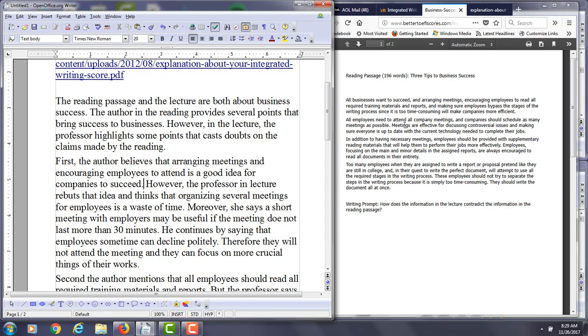And it says here, and if you really look at it, it's saying that it helps to discuss controversial issues, keep everyone up to date with current technology, right?